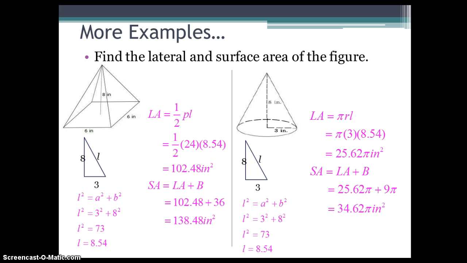Surface area then is that number plus the area of the base. Area of the base is pi r squared, so our radius squared is 9 pi. Adding them together, we get 34.62 pi square inches. And again, we leave them in terms of pi just because it's a much more exact answer and much easier to work with.